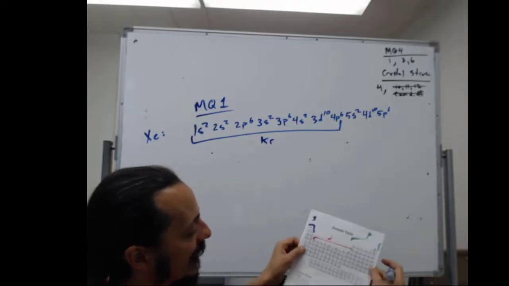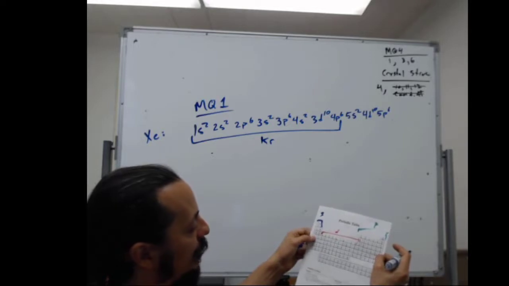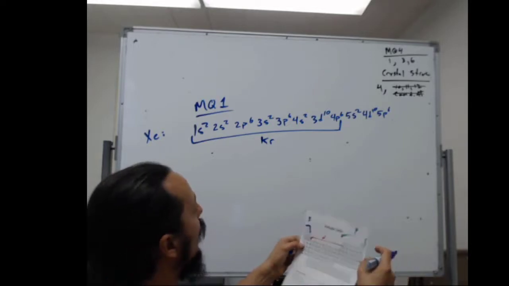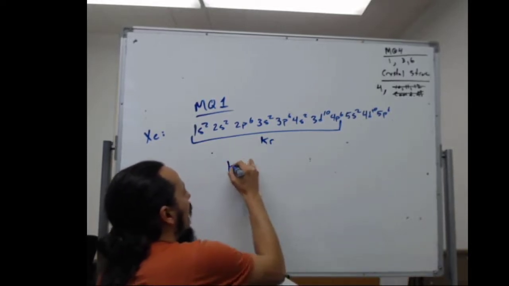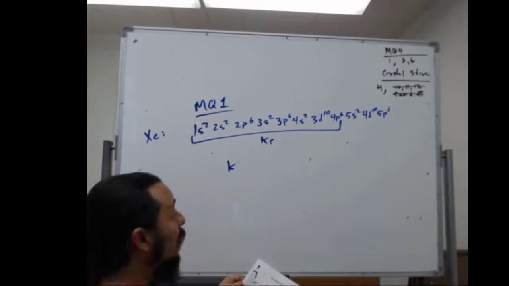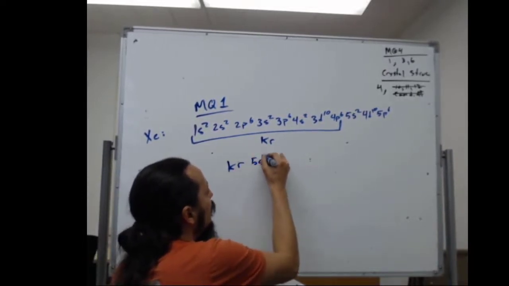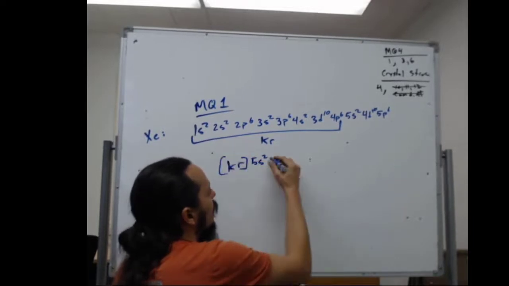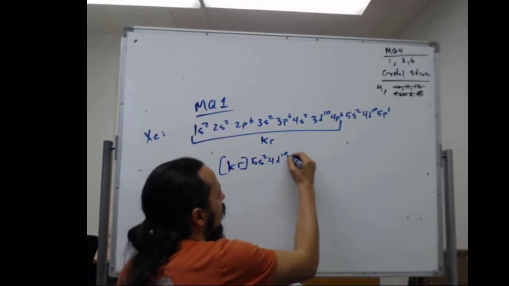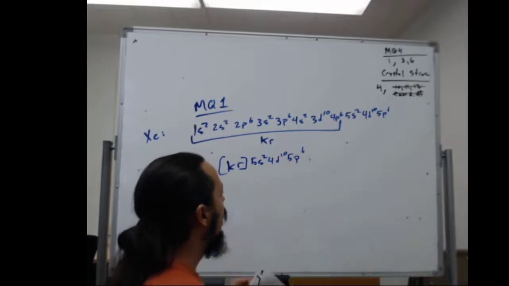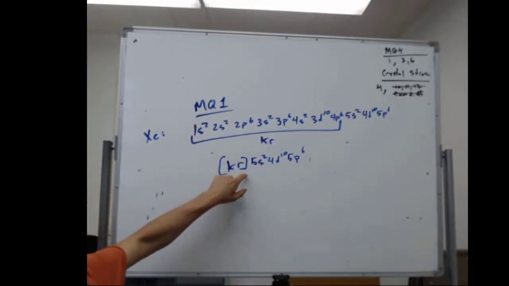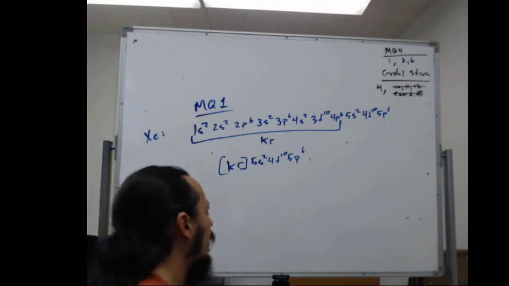So if I did that in my head, I would just go krypton, and then I would be able to just do the next row below krypton. And a fine answer for xenon, not xenon plus 4, would be krypton 5s2, 4d10, 5p6. On LabPal, it asks you to not include the brackets, but if you ever write it down, it's a good idea to include the brackets.